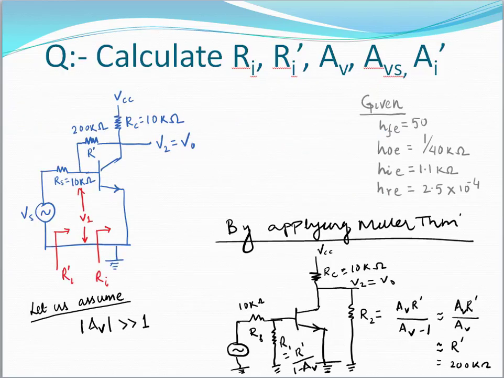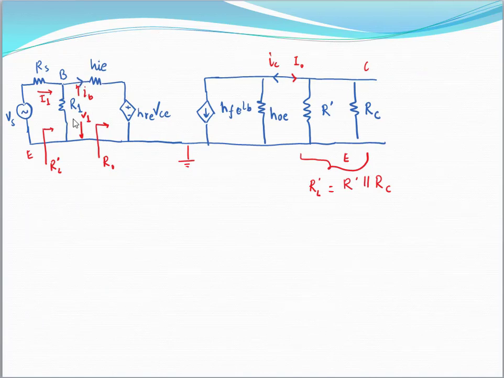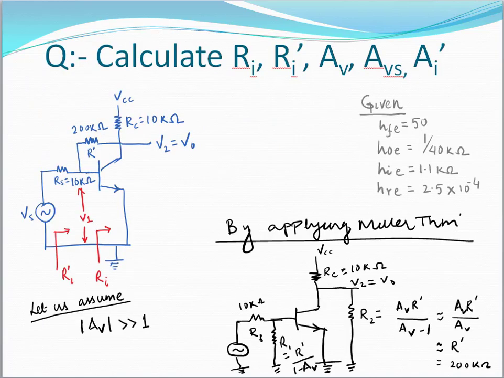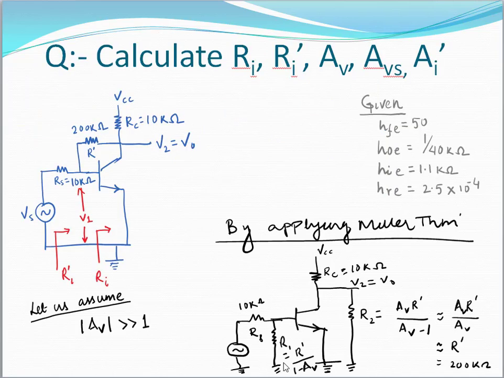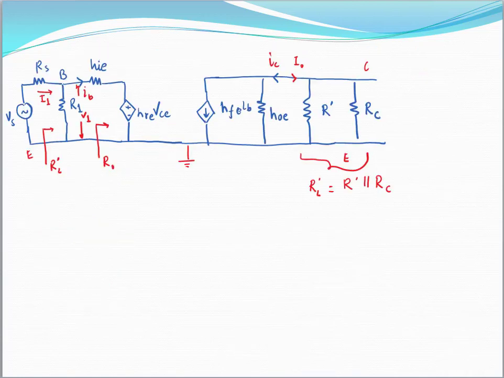What we have actually done here is that this R1 has come in parallel with the source voltage. Here you can see this source voltage is in series with this RS, so it has come here, and R1 is in parallel with it. After that this is part of the hybrid model, and this is also part of the hybrid model, and thereafter there are two resistances at the output side.